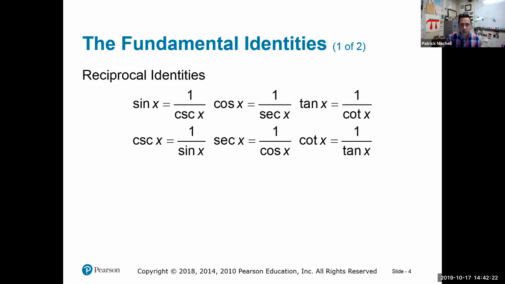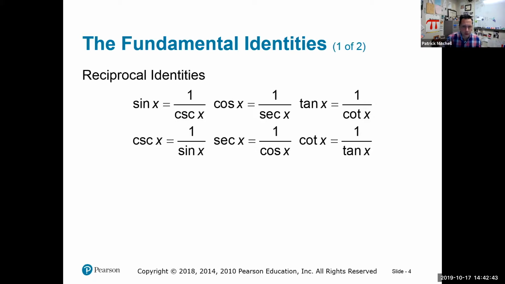One of the tricks that you're going to learn for verifying identities is, when you have a bunch of trig functions that are not sines and cosines, one trick that often works is to write them all in terms of sine and cosine.